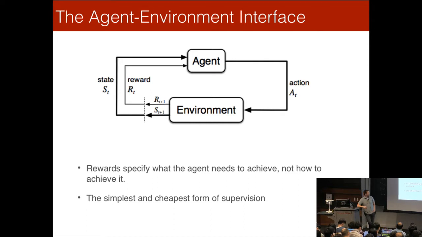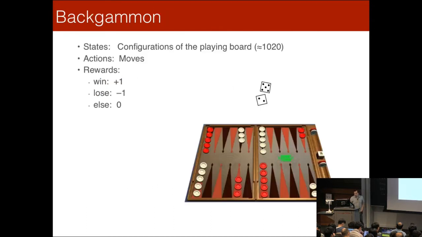So let me give you some examples of that. For example, if you look at a game of backgammon, the state would be the configuration of the playing board, like the configuration of these checkers on the board. There are about 10^20 different states you can consider. The action could be a move, moving one piece to a particular location.